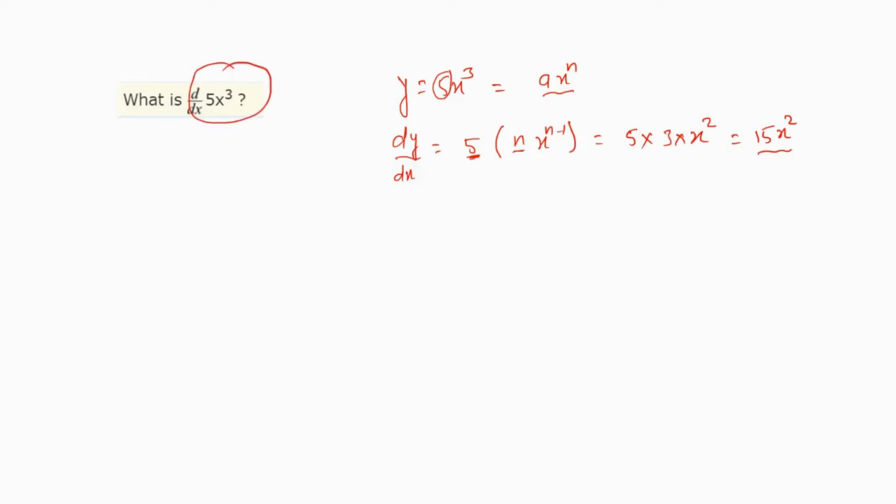Okay. Are you guys aware why we are using the differentiation? Any idea? Why do we do the differentiation? So basically to measure the rate of change. Rate of change, great. Okay. Why do we need the rate of change in machine learning and deep learning?